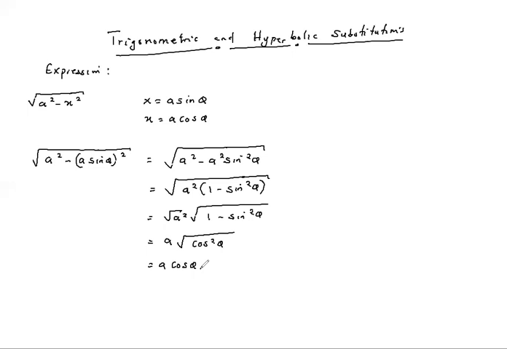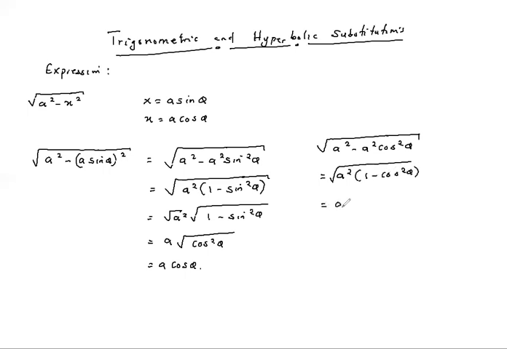If we used a cos theta, then we would have a squared minus a squared cos squared theta. And this will still come out as a squared times 1 minus cos squared theta.